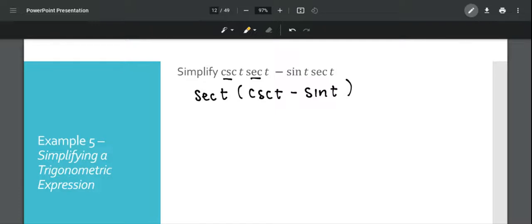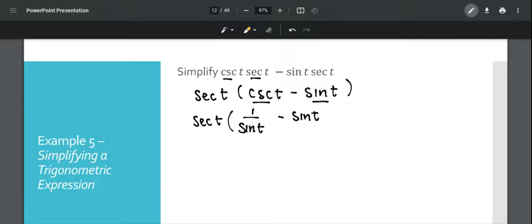So there's more than one way you can approach these problems. So what I'm going to do here is leave that secant. Since I have a sine right there, I'm going to change cosecant into 1 over sine. So I'm starting to get those similar functions.